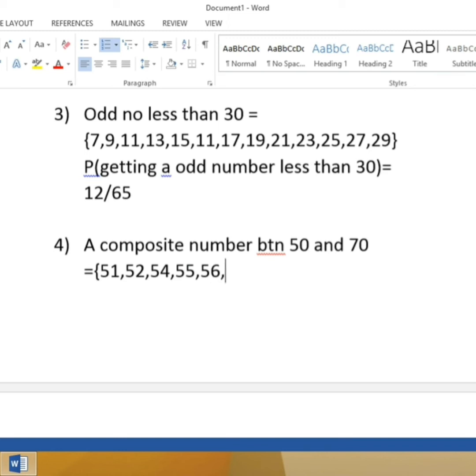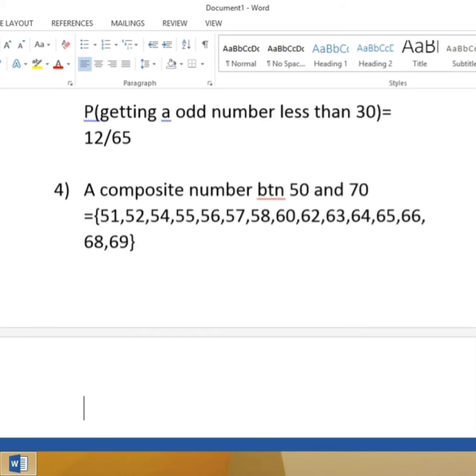That's going to be 51, 52, 54, 55, 56, 57, 58, 60, 62, 63, 64, 65, 66, 68 and 69.